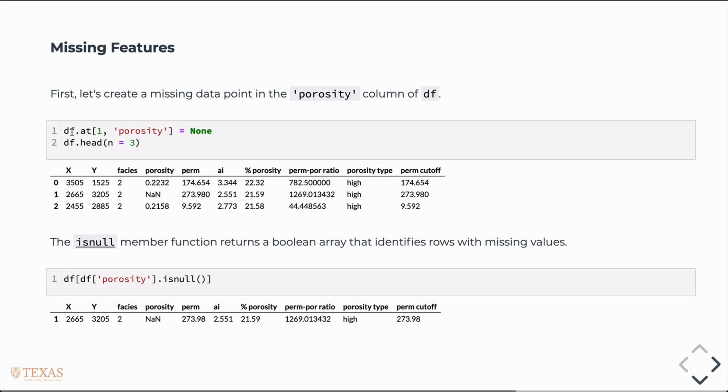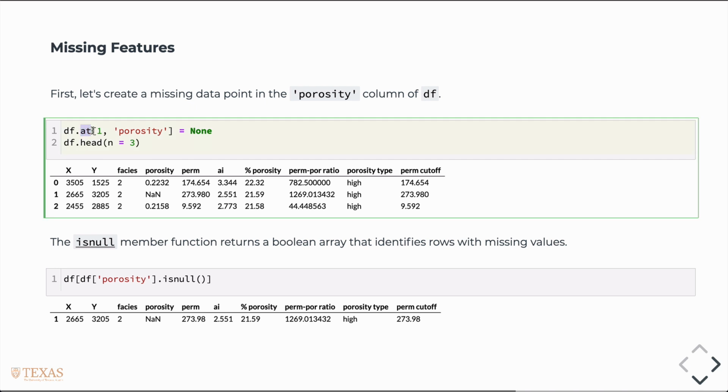So we'll use the at command, which is similar to loc in a way, but is only used for accessing a single value, and it's very fast. So in this case, we're going to take the one index of porosity and set it to none, and then if we print off the first 3 rows of the data frame, you'll see that there is actually a NaN there, not a number, appearing in that location.